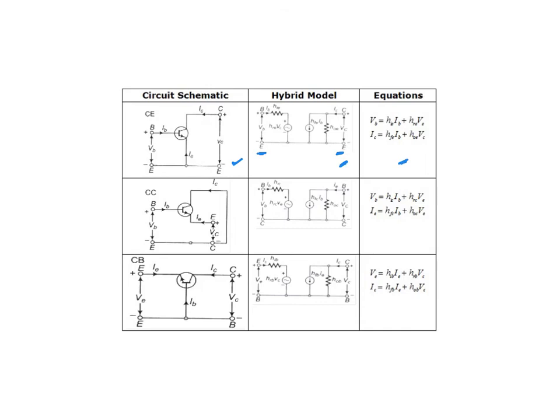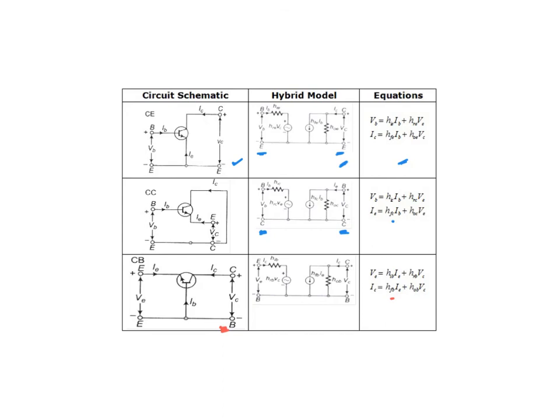Coming to the common collector configuration, here collector is common between input and output. If you observe the notations of H parameters, because this is common emitter we have E as the subscript, and for common collector the subscript is C. In the common base configuration, base is common between input and output, and you can observe the subscript B in the equations also.